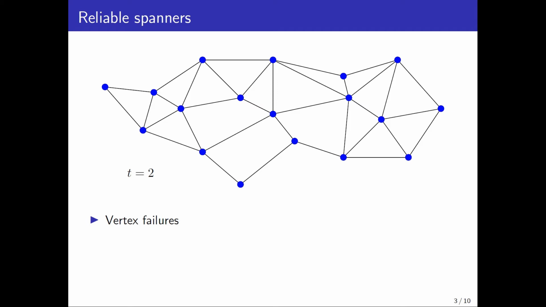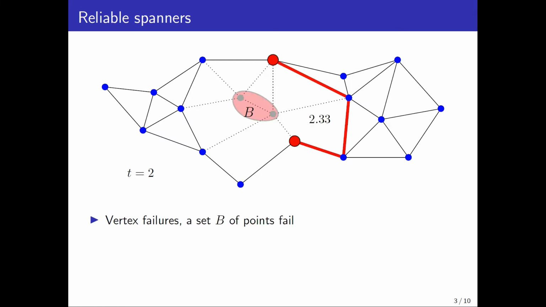Let me show this notion via the example that I just had in the first slide. We have this graph here, which is a 2-spanner, and suppose that we have vertex failures. Here's a set of failed vertices, and we see that between the two red vertices we don't have a 2-path anymore. So what do we do here?